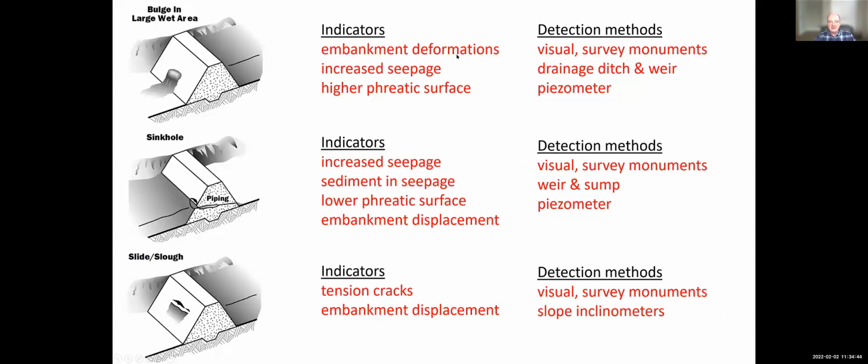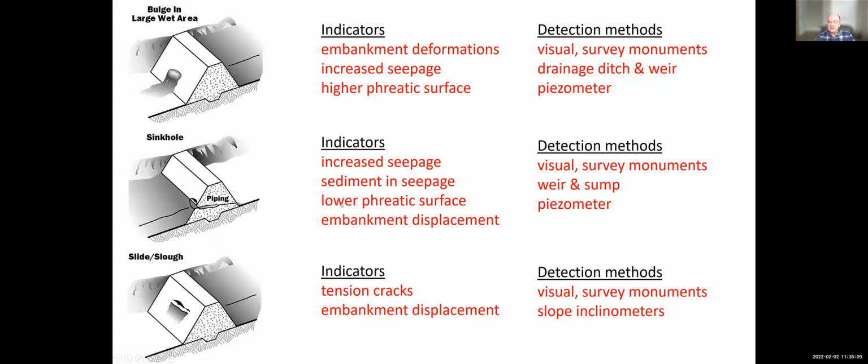So you're looking for these deformations. You're looking for increases in seepage. Something like this, as shown, if you have a piezometer in your embankment, the water level is likely to go higher in that piezometer because your phreatic surface is probably going up. Again, seepage, sediment and seepage. Depending on where it is, your phreatic surface may be lowered.